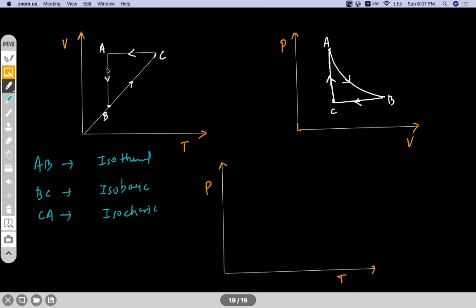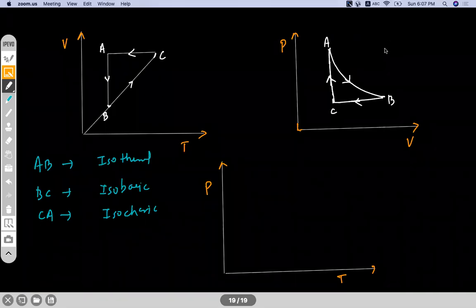See, AB will have volume decreases. Here the volume is increasing, A to B. One second.